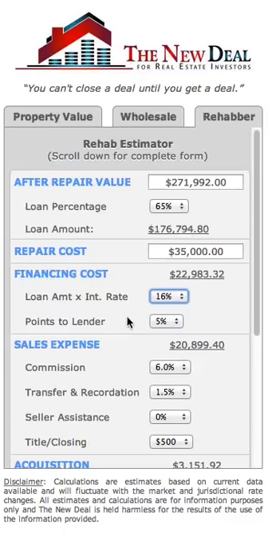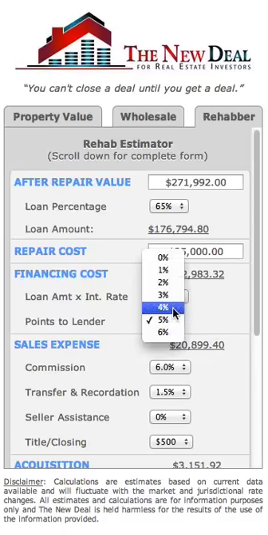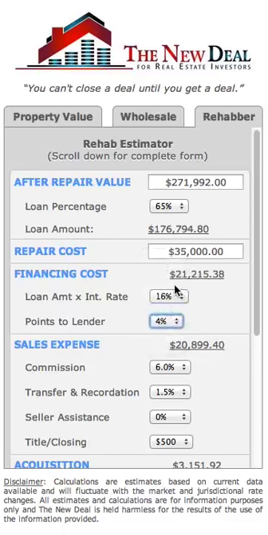And the points to a hard money lender, if you're using a hard money lender, let's say is 4%. You've got a nice hard money lender. So your financing cost for this particular rehab is $21,215.38. That absolutely impacts your bottom line.